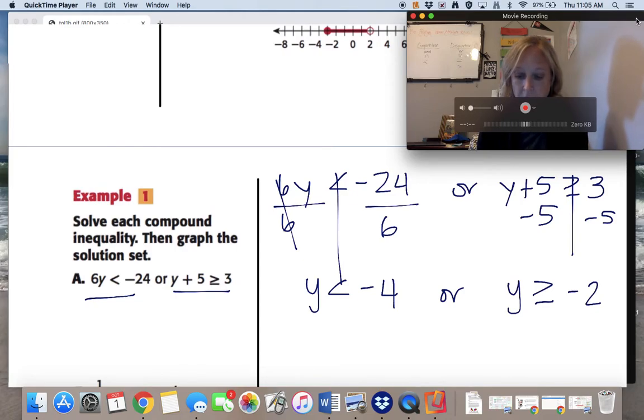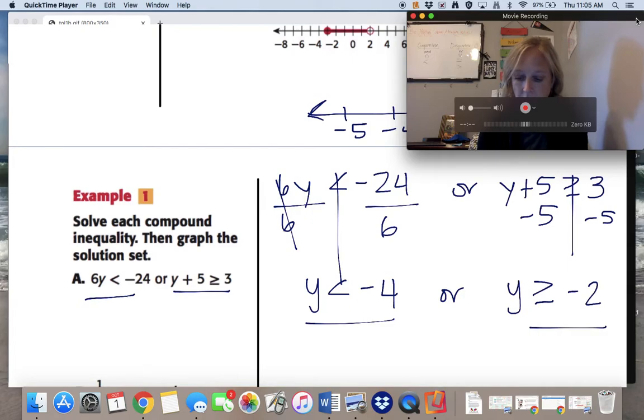In order to graph these solutions, we need a number line. My number line needs to include the numbers -4 and -2. I'm going to go a little bit beyond that in both directions. So I'm going to go -5, -4, -3, -2, -1.